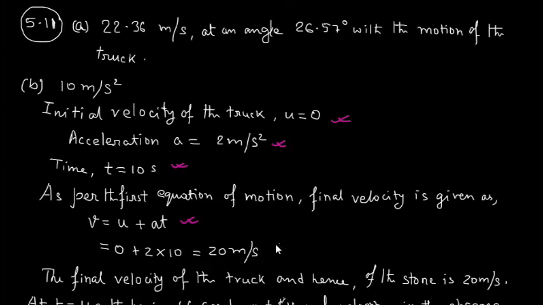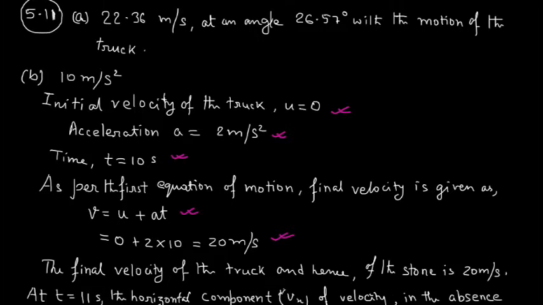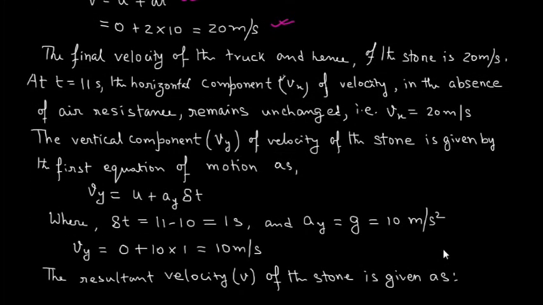So put the values of u and t, we get 20 meter per second. Now the final velocity of the truck and hence of the stone is 20 meter per second.